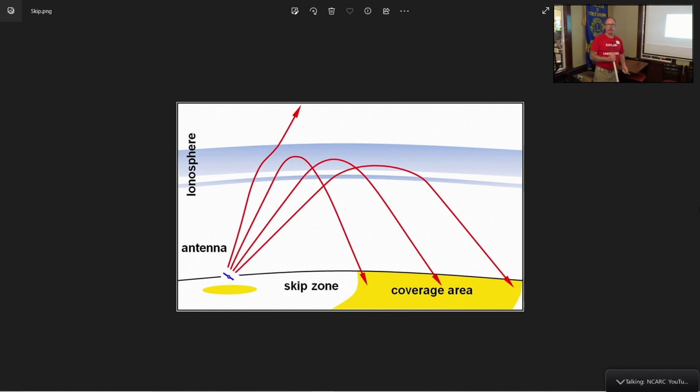The problem with this is it skips over an area. In close, you'll have ground wave, and you'll be able to talk direct antenna to antenna. Far out, you'll be able to talk over this ionospheric propagation, but there's a dead zone in the middle.